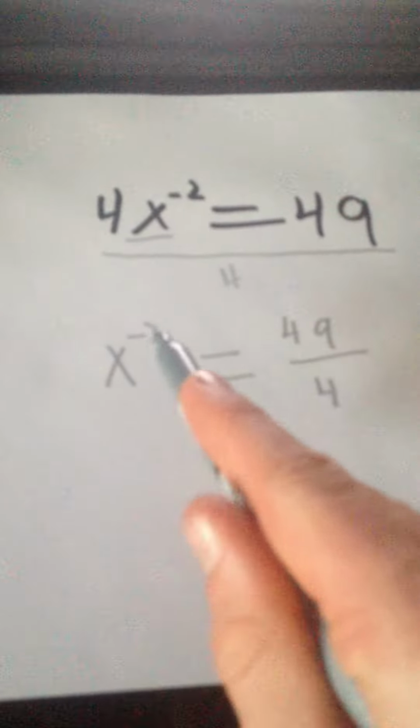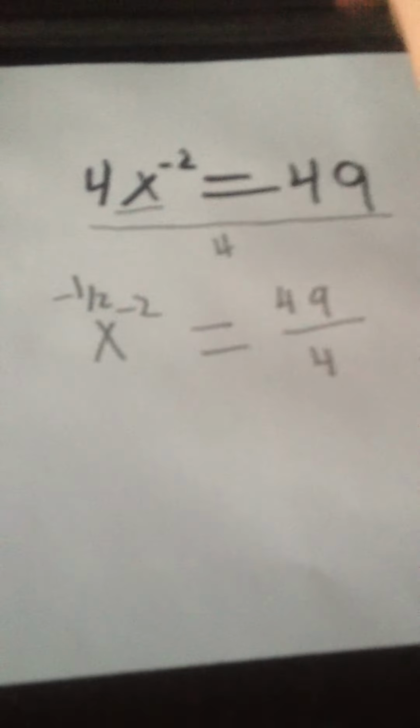Now, just like dividing a fraction, you have to take the reciprocal of the number over here. So it'd be negative 1/2. Then you would raise 49 over 4 to that power.